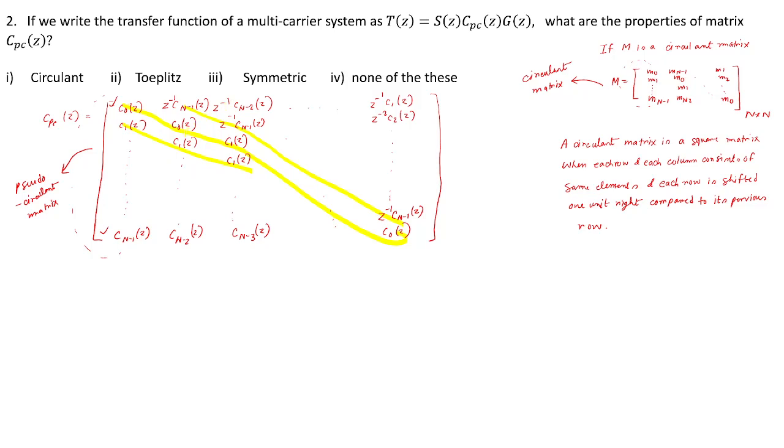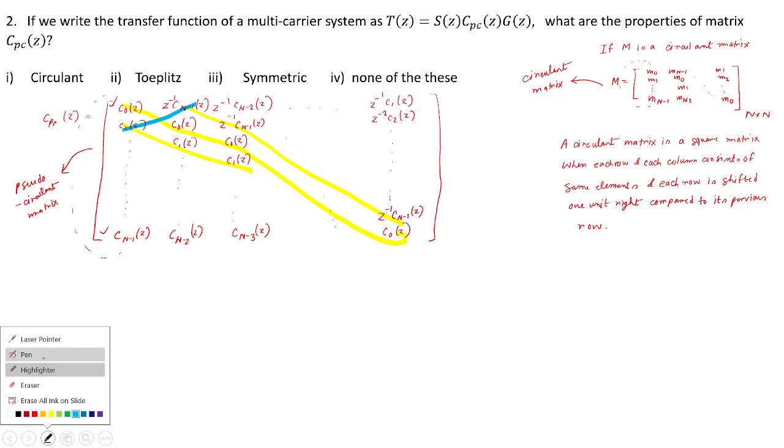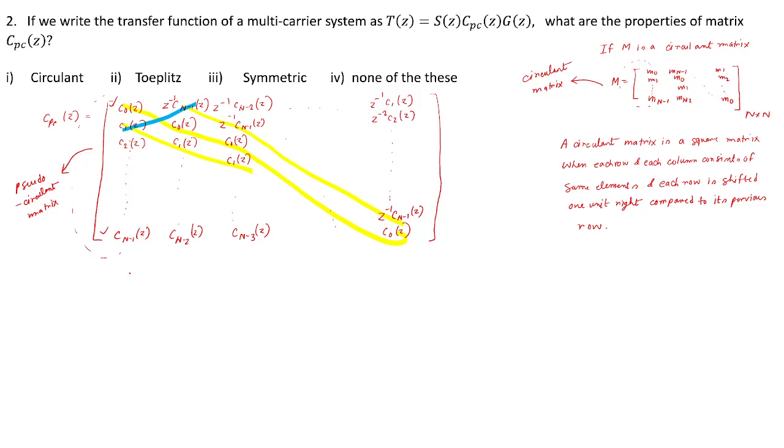However, if you see diagonals in this direction, let me change the color of the highlighter here. Maybe across this diagonal, or if we write the element here, C2 of Z here.